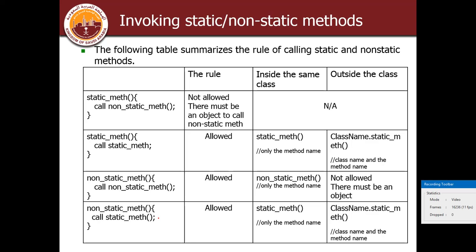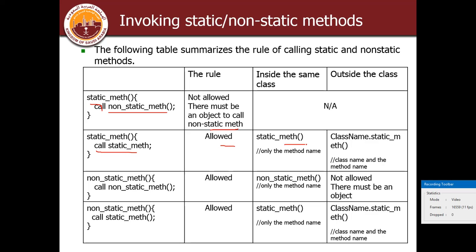Alright, so now there is a difference. Let's summarize the difference. A static method calling a non-static method is not allowed. There must be an object to call the non-static method. I cannot do this, inside the same class or outside the same class. Now, a static method calling a static method is allowed.